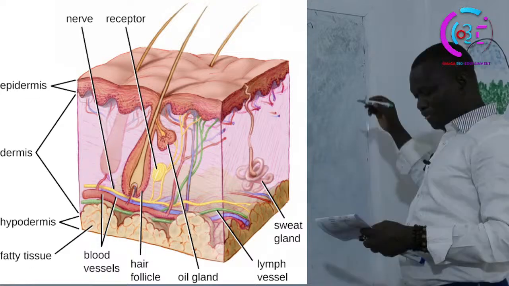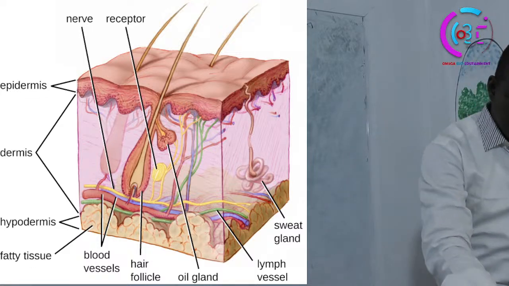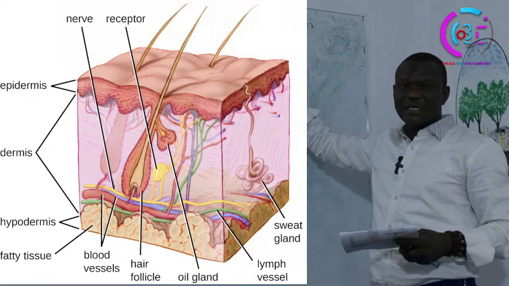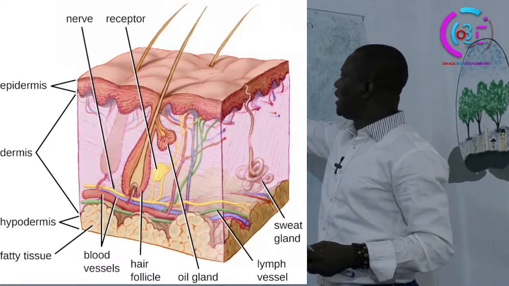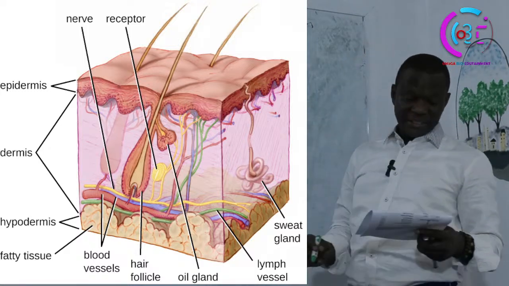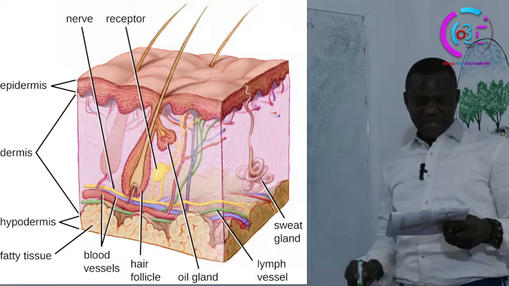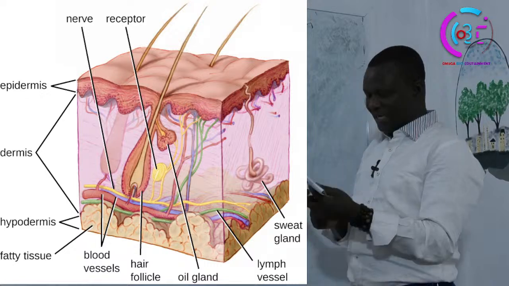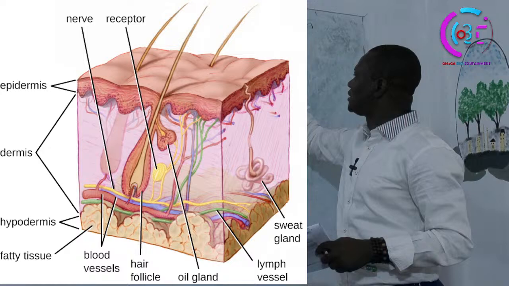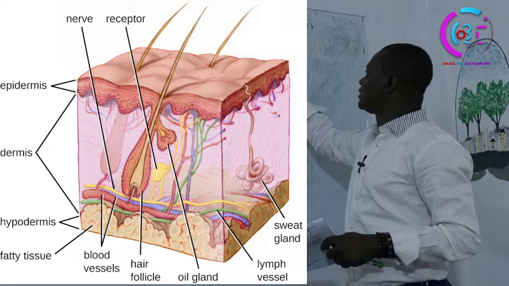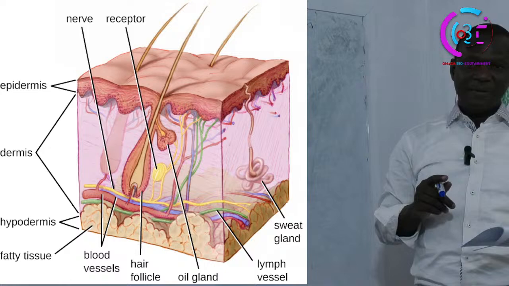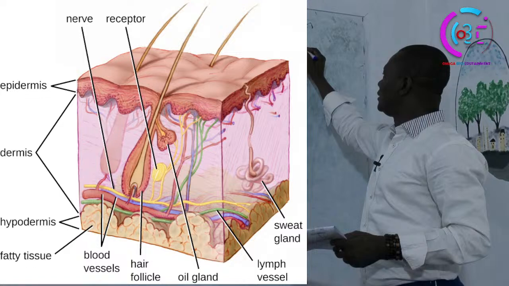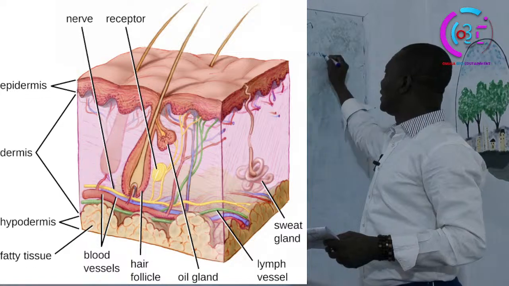So an example of where you have epithelial cells, you have them in the GIT, that is the gastrointestinal tract. You have the epithelial cells of, let me say generally, the respiratory tract. Then we also have them in the genitourinary tract, like vagina and bladder.